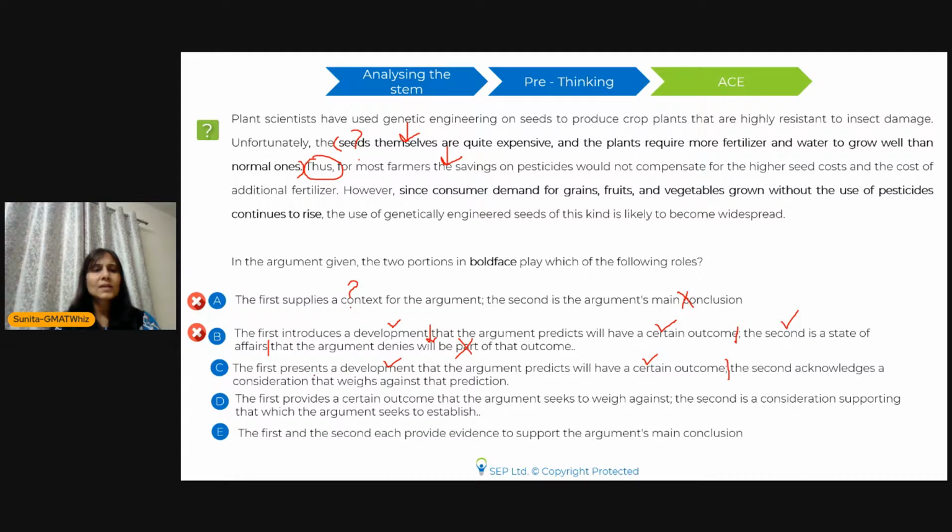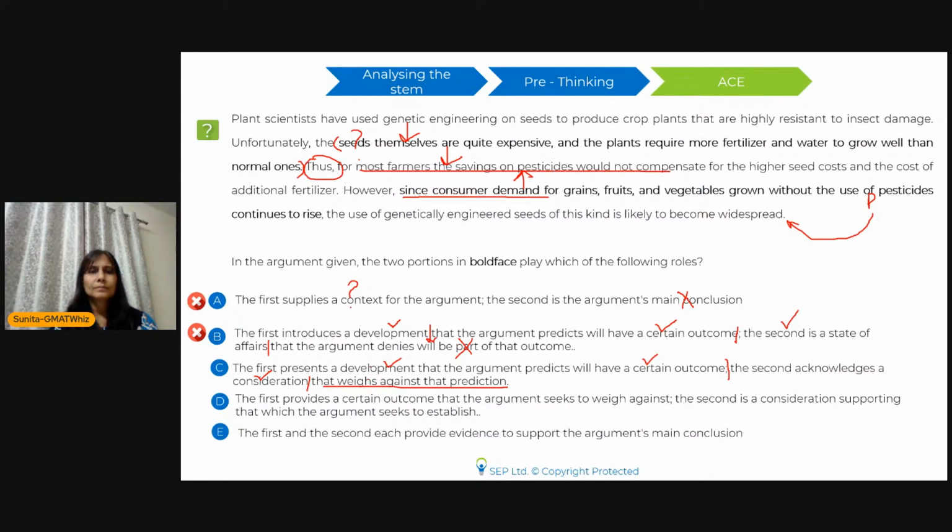Second, acknowledges a consideration. Now, what does the word consideration refer to? Consideration refers to a reasoning, a thought, an idea. Can I call the second boldface reasoning? Yes. The second boldface is the premise behind the conclusion. So definitely it's that prediction. Ask yourself, is this going against this prediction?